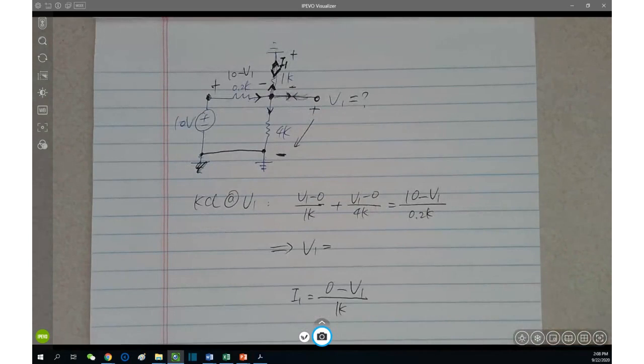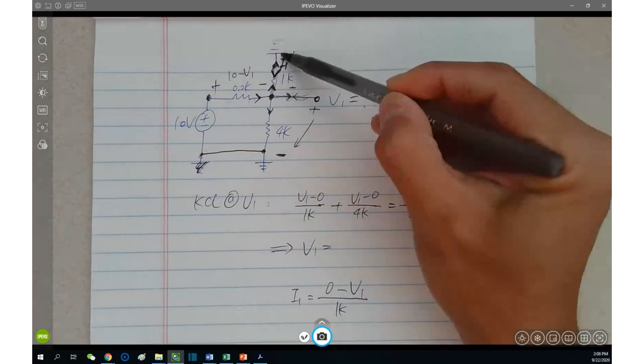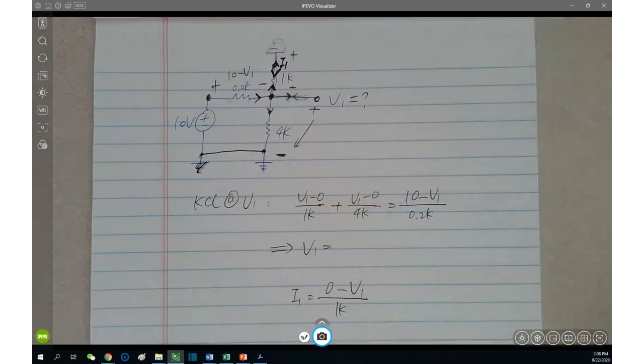So this is pretty much a 235 circuit. And of course, at the beginning, if you don't like the top ground here, what you can do is convert that circuit to an equivalent circuit.